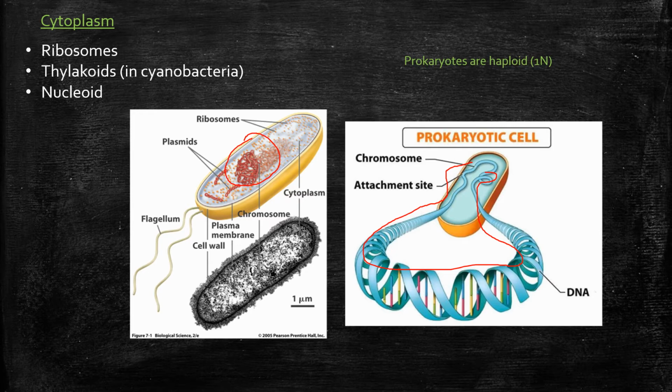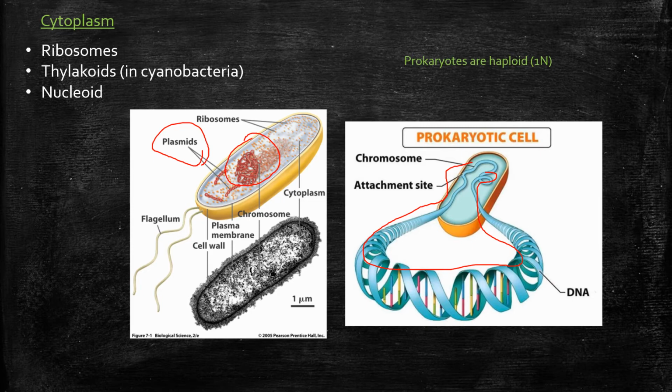They also have plasmids, which are extra rings of DNA, and we'll talk a little bit more about that, but here they are right here. And then the other thing is that if it's a cyanobacteria, it has thylakoids.